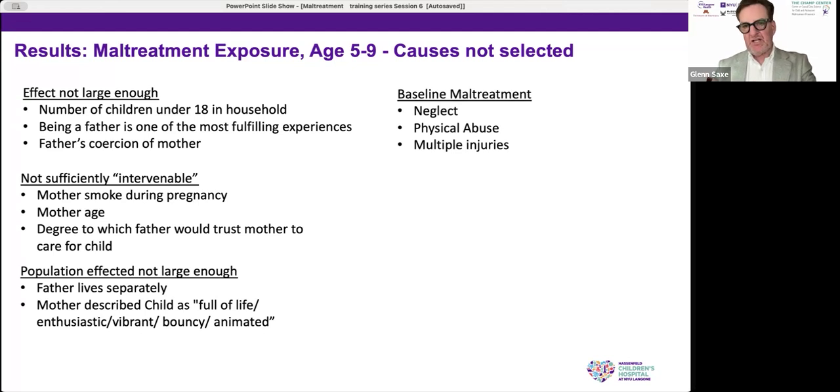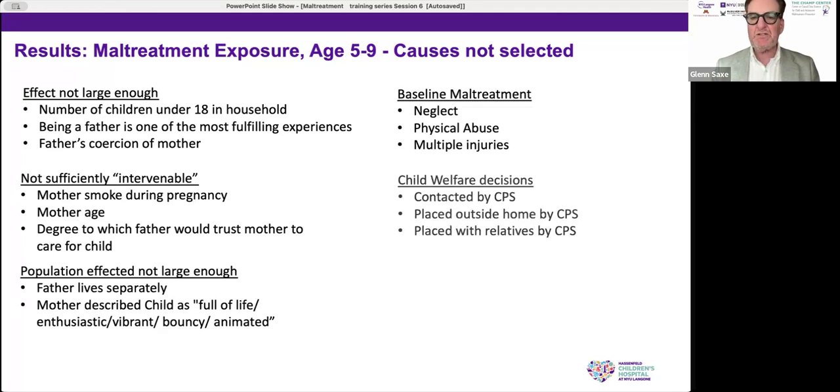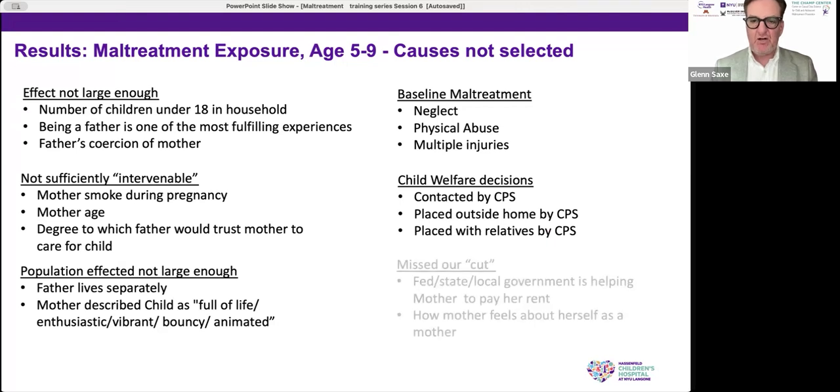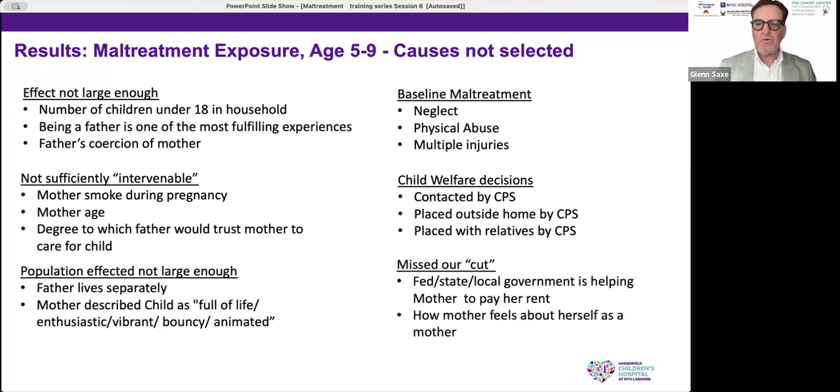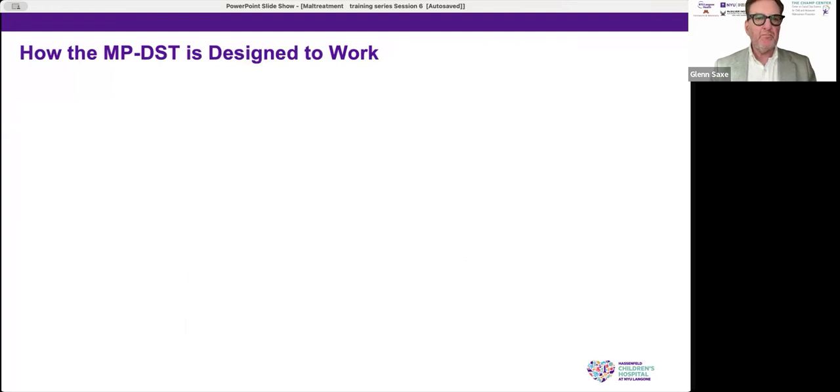We decided, because it's a maltreatment population, not to include previous maltreatment episodes. Child welfare decisions, we didn't make intervention targets. And then there were some variables that we might have picked, but for various reasons, they didn't meet the cut because we have to have a practical number of interventions. And we chose 6 here.